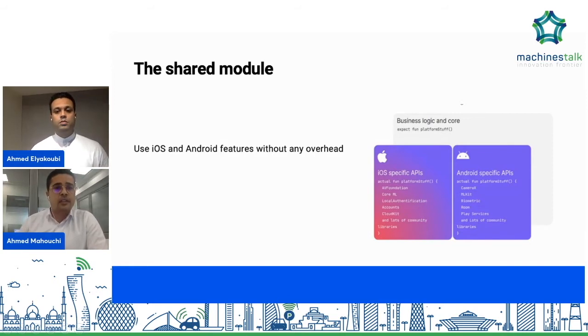This means that there is no additional runtime overhead when it comes to executing this code on platforms, and its performance is comparable to native apps. It keeps the same behavior as when running in a native app.